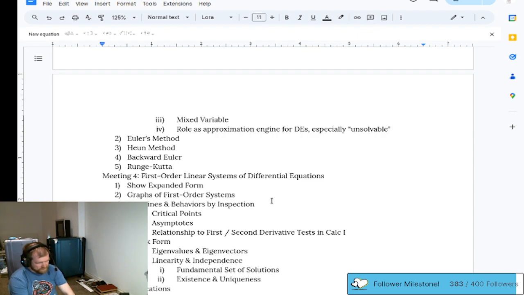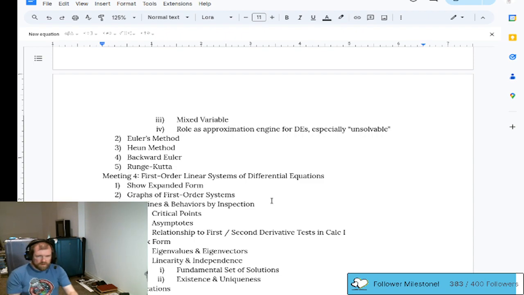So in this we discuss whether given solutions will form a linearly independent set of solutions.